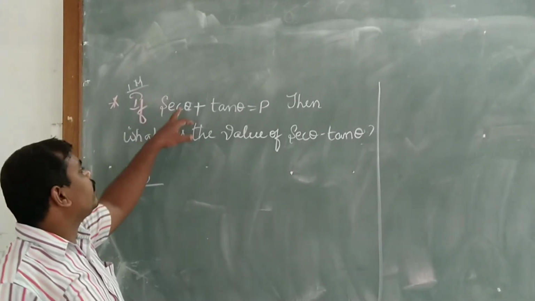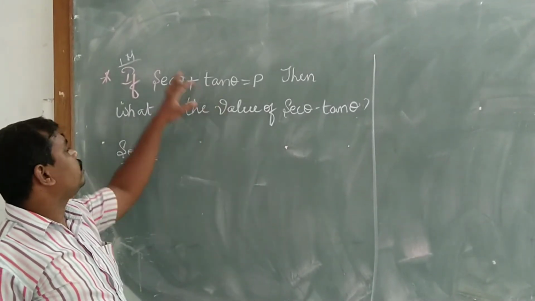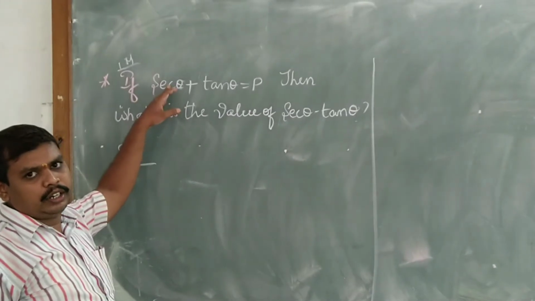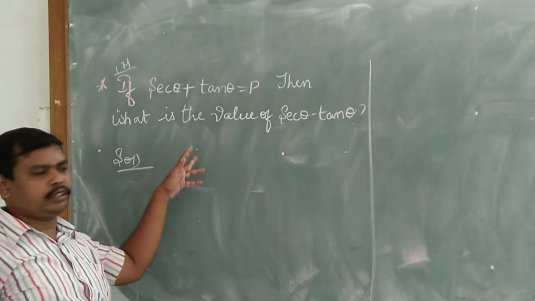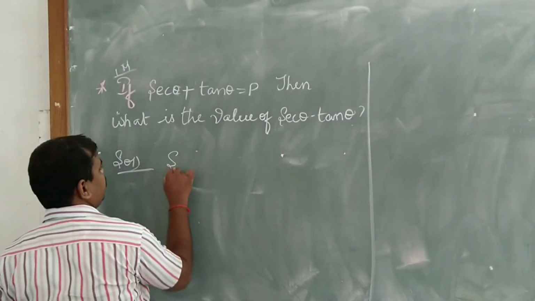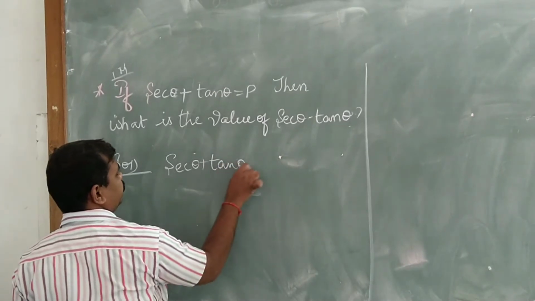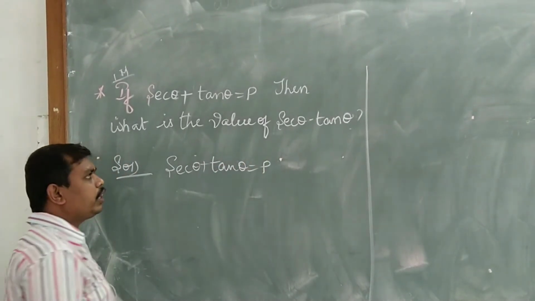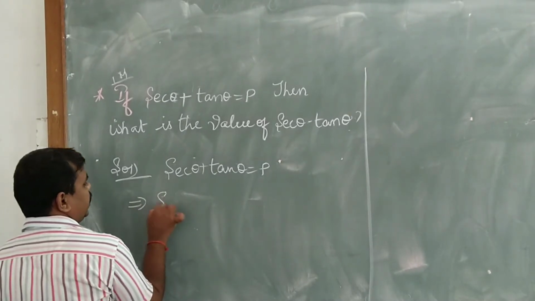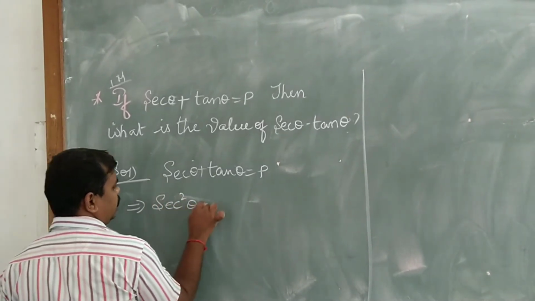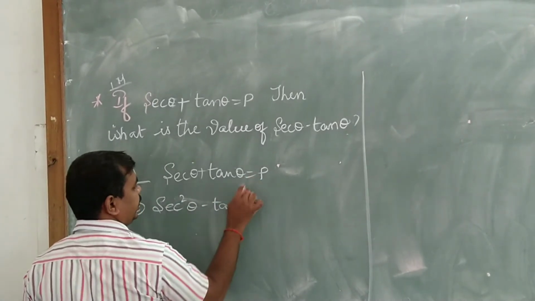If secant theta plus tan theta is equal to P, then what is the value of secant theta minus tan theta? This is very important, which you may get in different forms like MCQ and others. What is given? Secant theta plus tan theta is equal to P. Secant square theta minus tan square theta is equal to 1. This is from the identity definition.